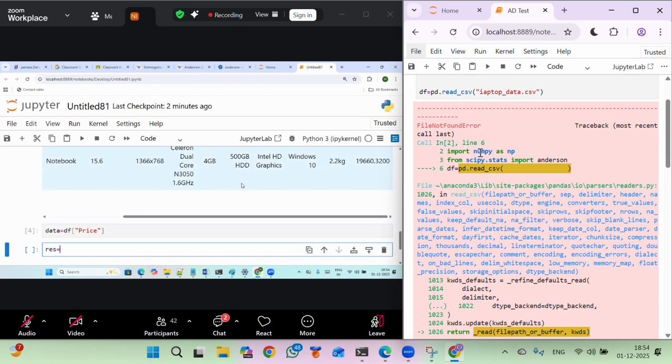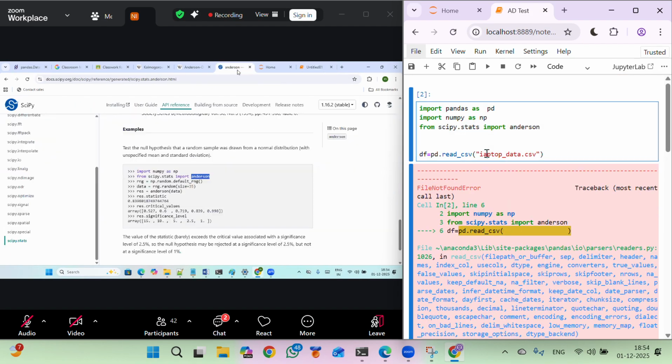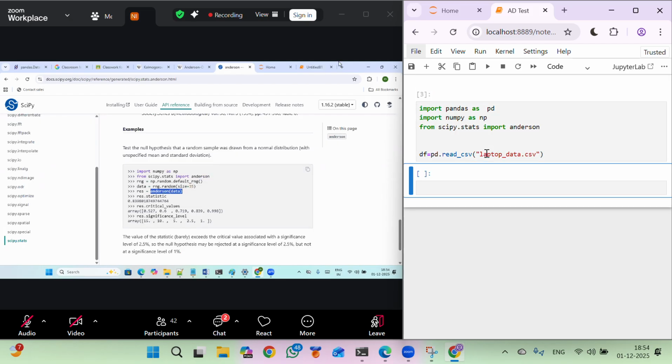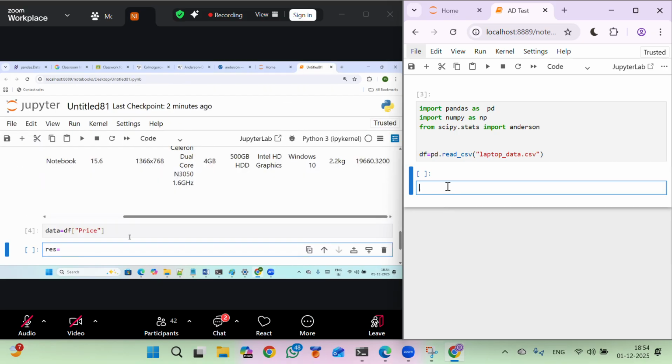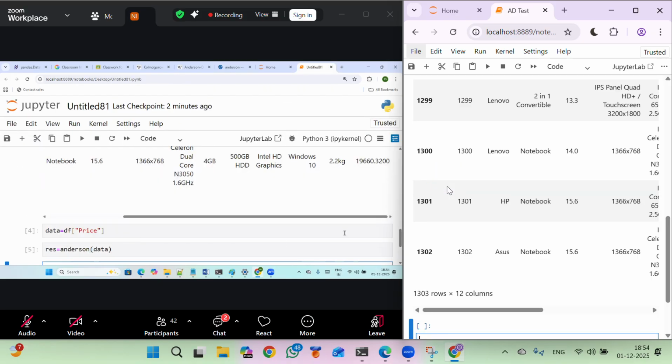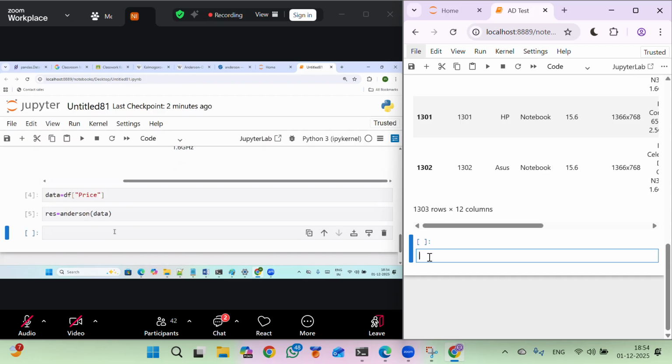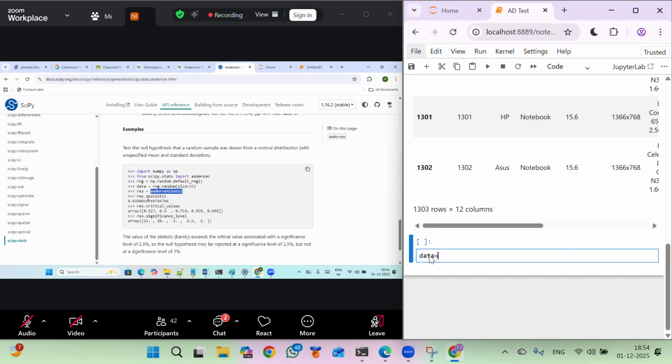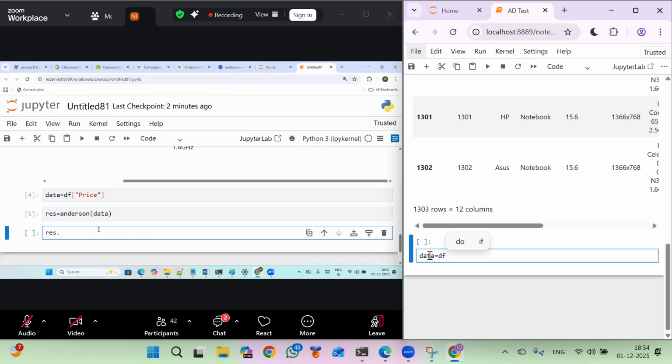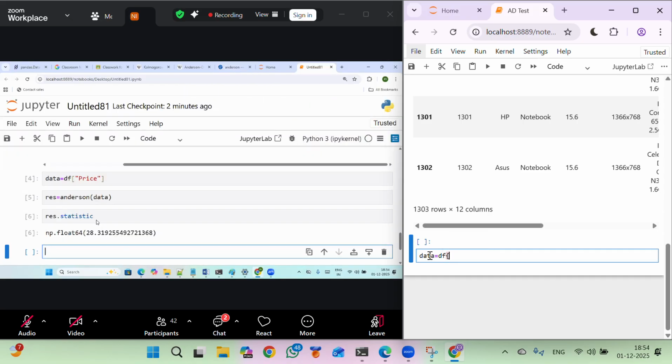I'm writing res equals anderson of data, okay? So res dot statistic. It is giving you the value of the statistic, and res dot critical value.